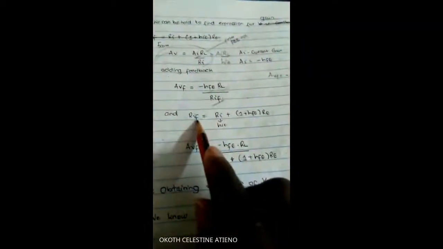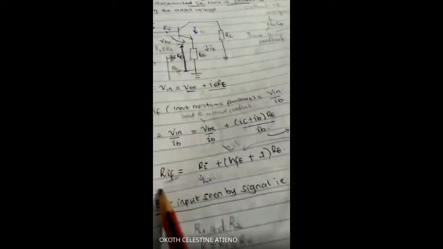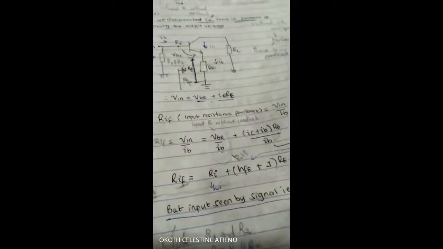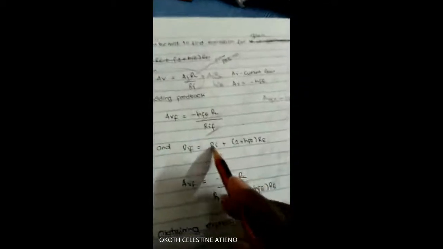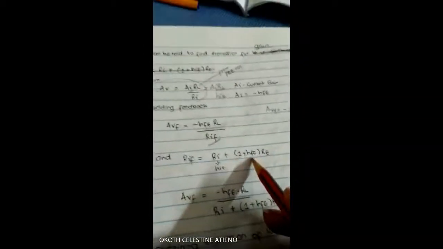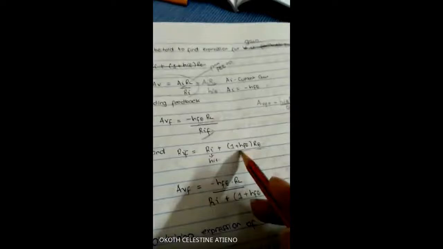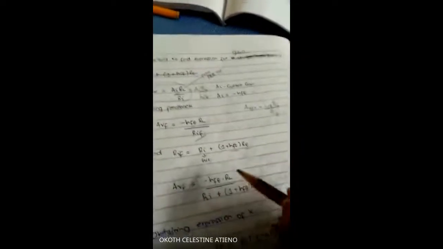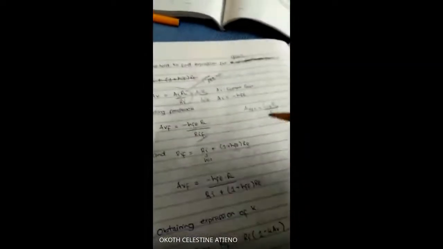So our input resistance with feedback, we have already derived this expression. This is what we actually derived here. So input resistance with feedback is Ri times 1 plus beta Re, ama HFE, current gain.